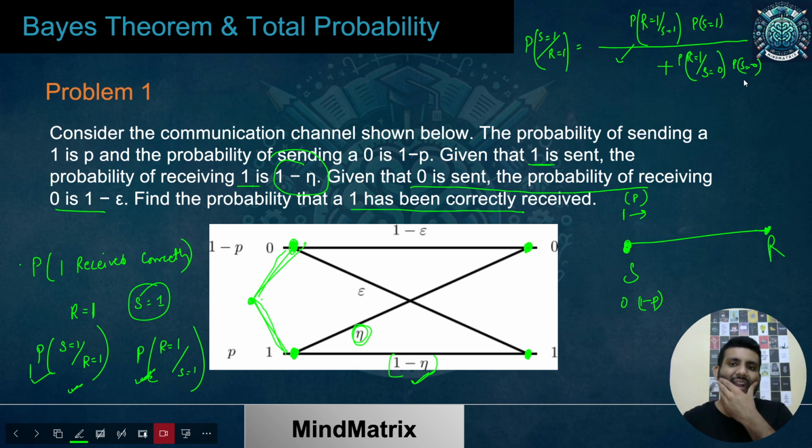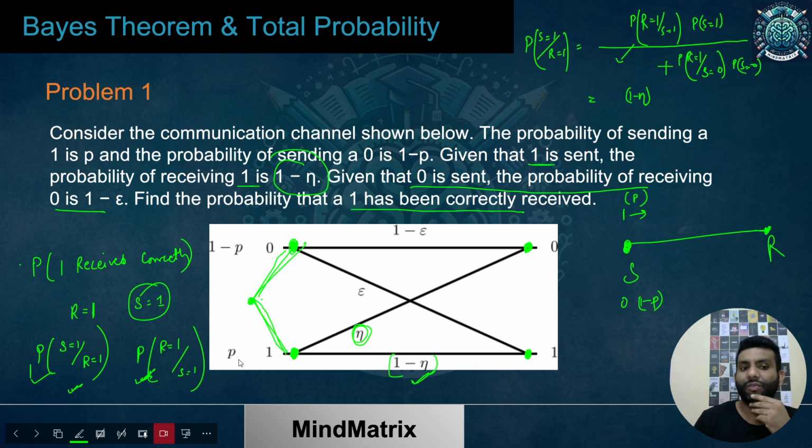Whatever is in the denominator, I just use the law of total probability to decompose it further. So either 0 was sent or 1 was sent, and I have broken it down into two parts. So what is going to be this thing? If I sent 1, then the probability of receiving 1 was 1 minus eta, times the probability of sending 1.